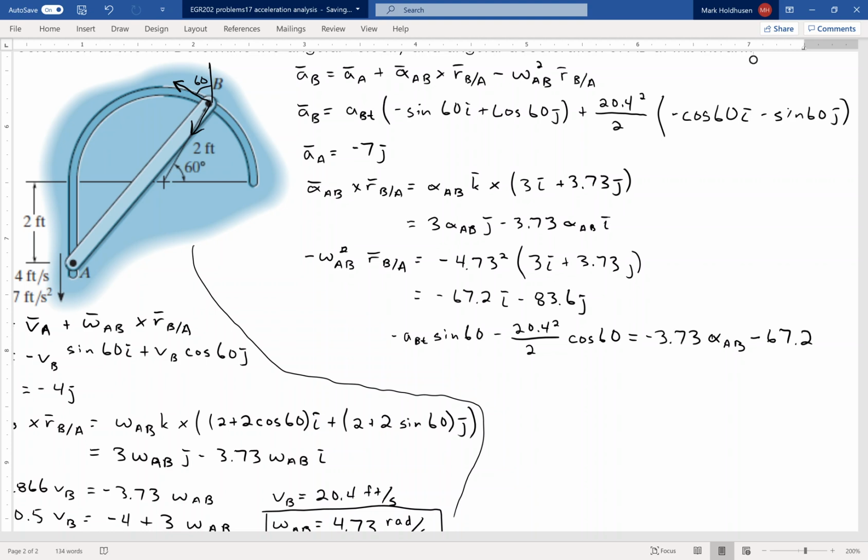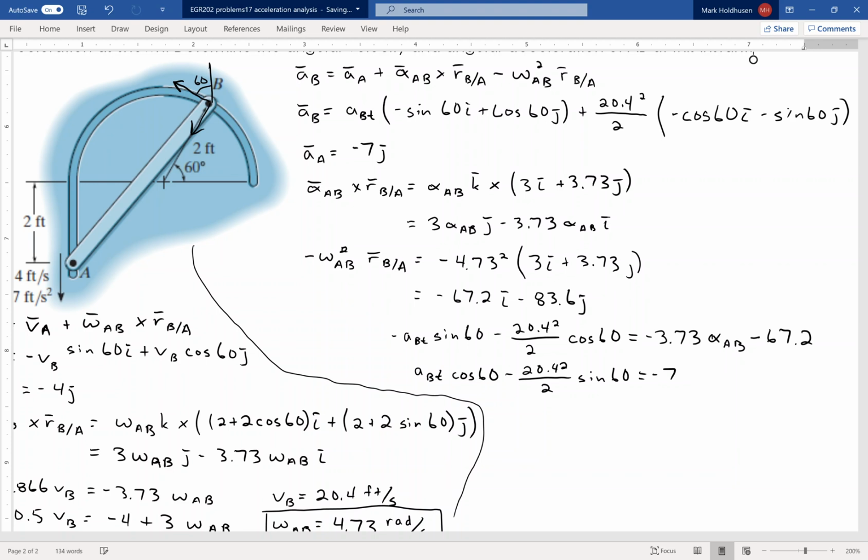In the y direction, I'll have a_B,t cosine 60 and negative 20.4 squared over 2 sine 60.